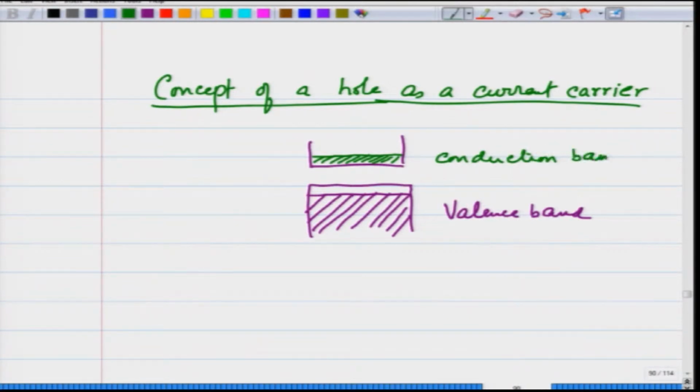So, this is conduction band. As you can see very clearly, if it is a pure semiconductor, then the number of electrons and number of missing electrons is the same.